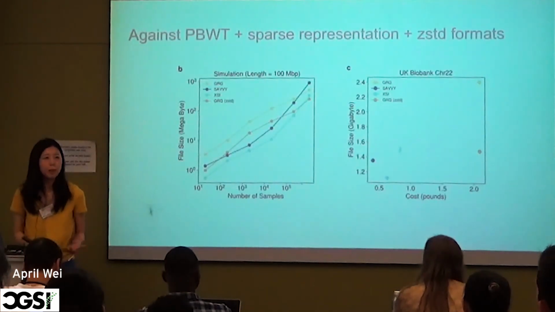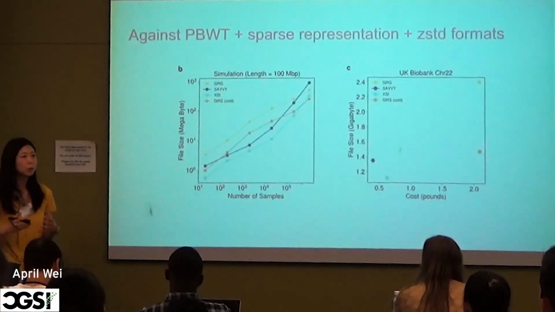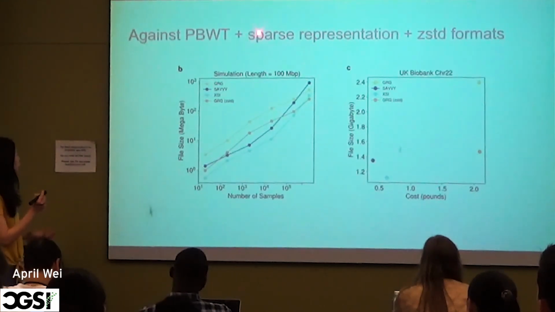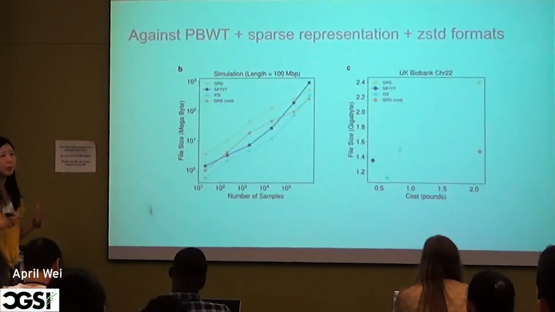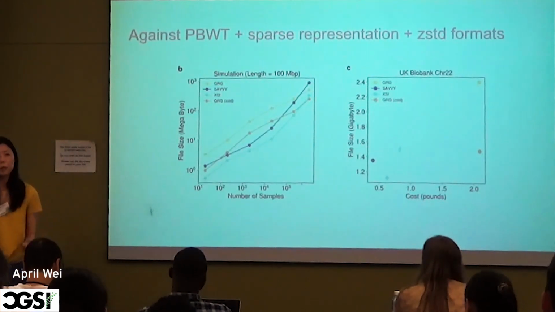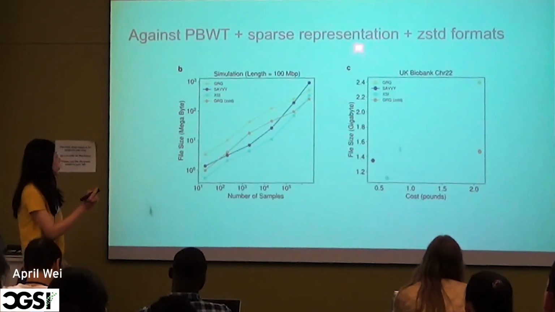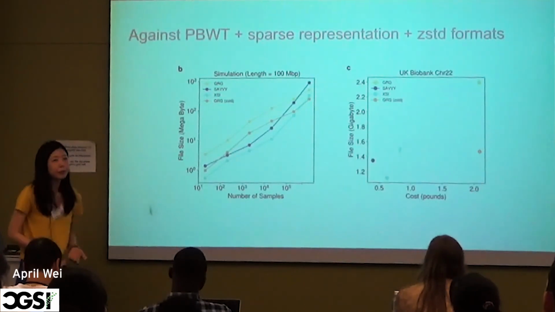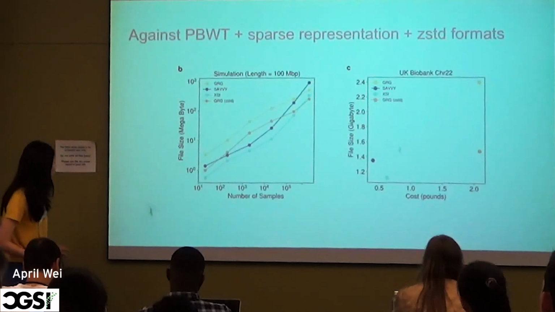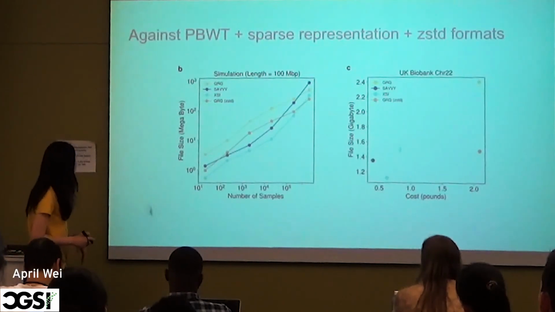And so you might be aware that there are these more recent techniques that do this highly optimized genetic data compression, which is a combination of the sparse representation of the variants at low frequency and the PBWT representation of the high frequency alleles, together with the Zstandard compression. So there are these two methods, SAVI and XSI, that we compare to. That's not shown in our preprint because we just recently did that.